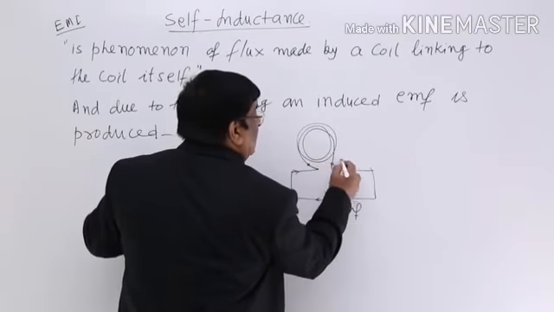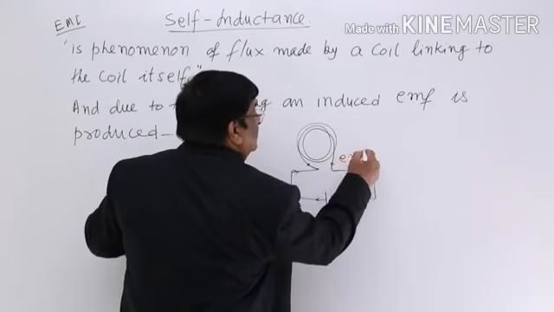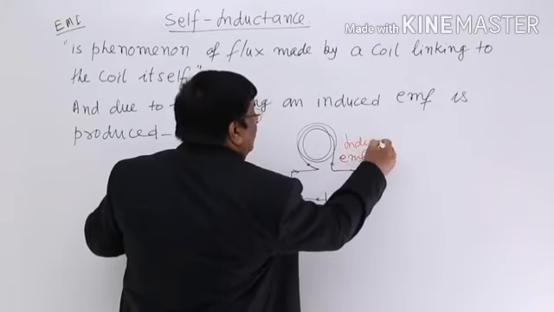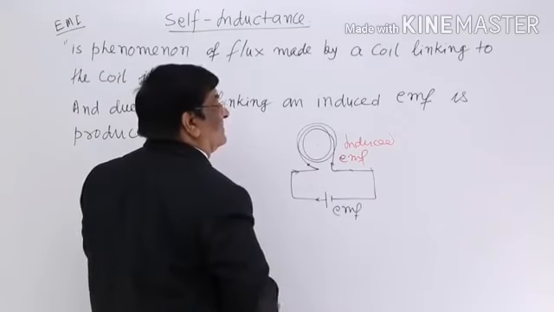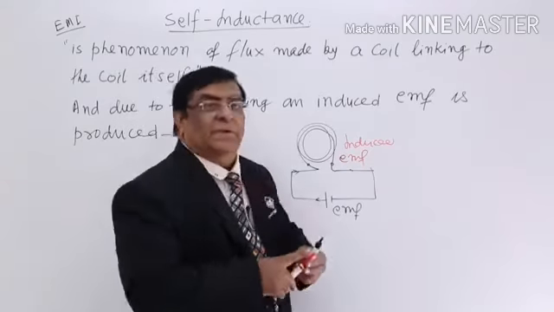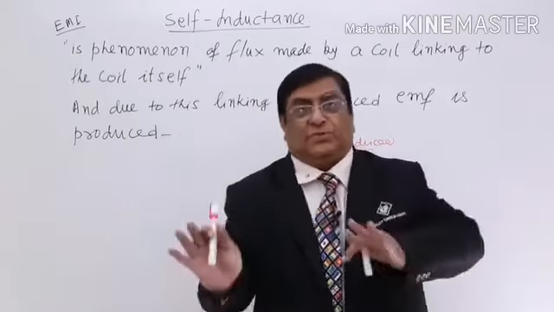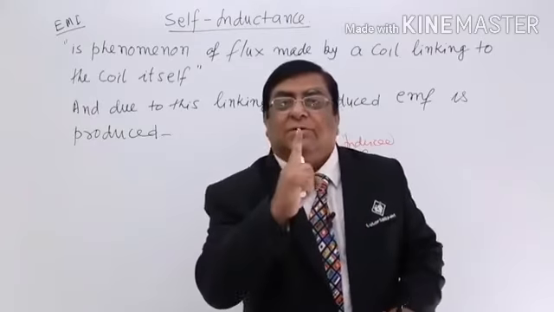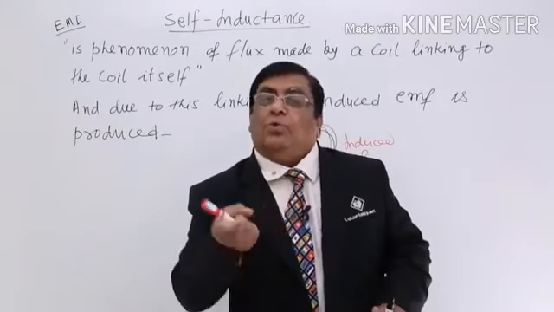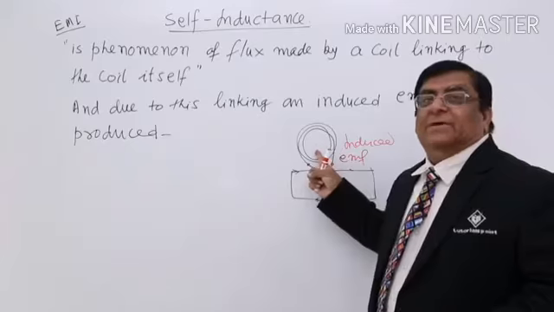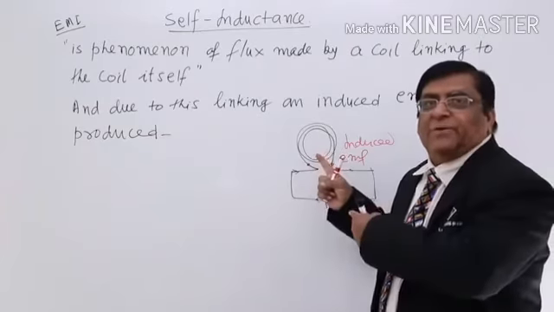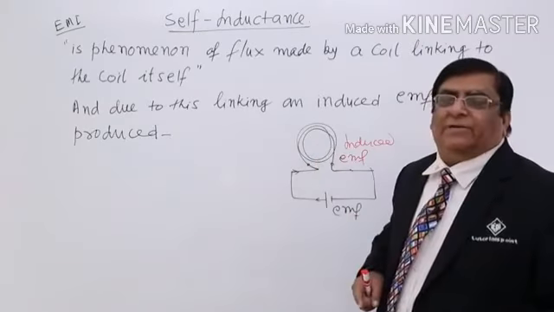Induced EMF in the opposite direction. So this phenomenon, this total story, uses one coil. So whose flux is connected with this? Answer: its own magnetic field makes the flux connected with this.